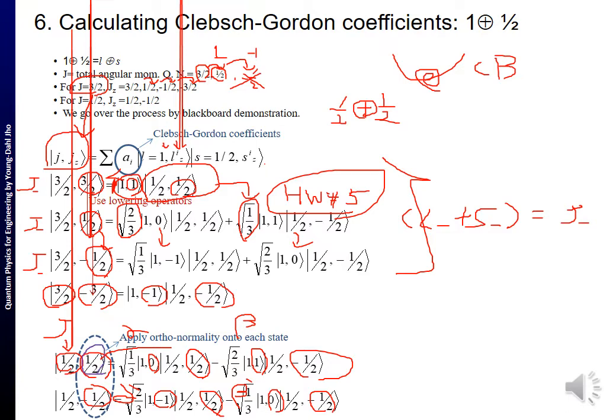You have it here, right? So this and this should be what? The J value is different, so they are orthogonal.